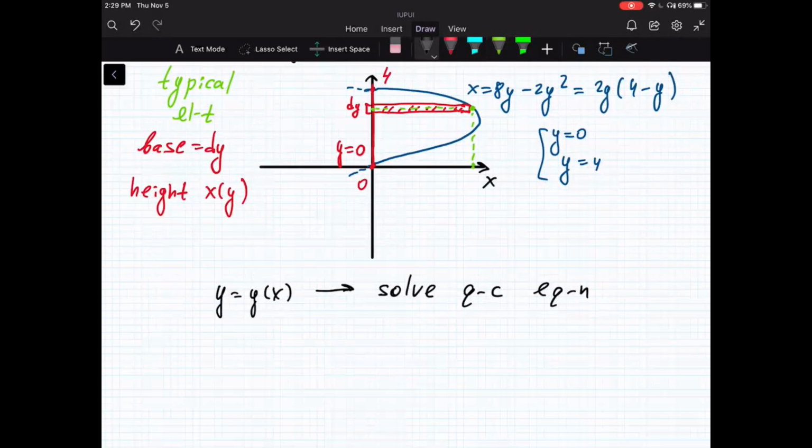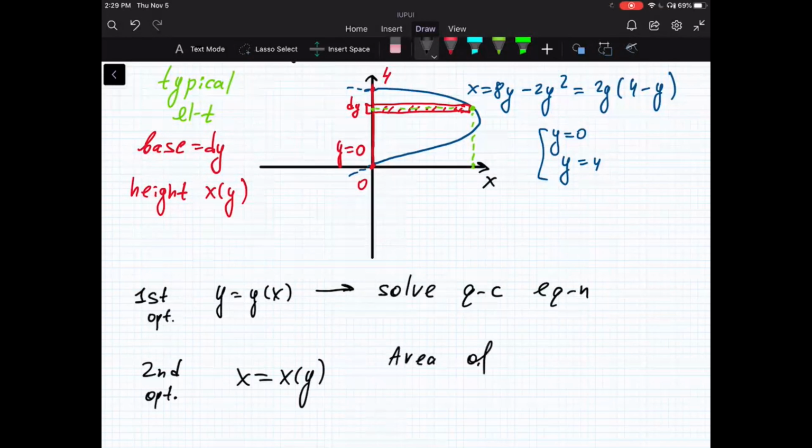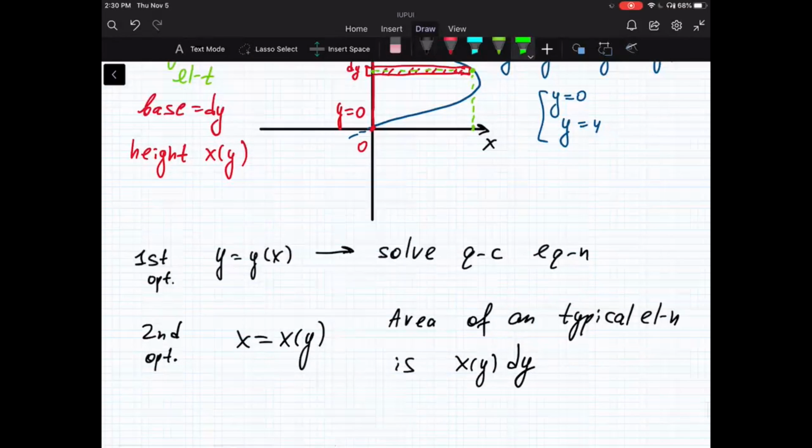So this is the first option. And the second option is x as a function of y. And in this case, I get that the area of the typical element is its base times height, or better say height times base, it is x of y dy. And this is important. So before it was f of x times dx.